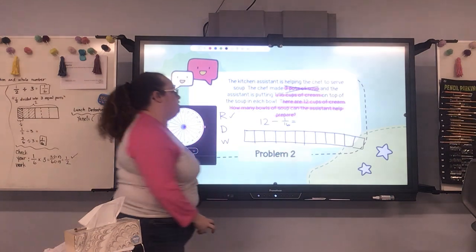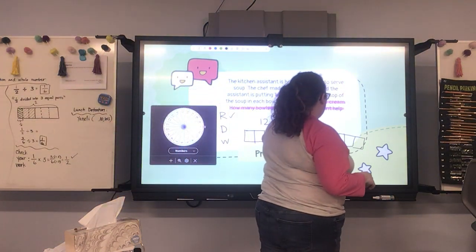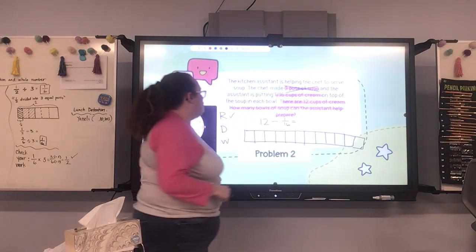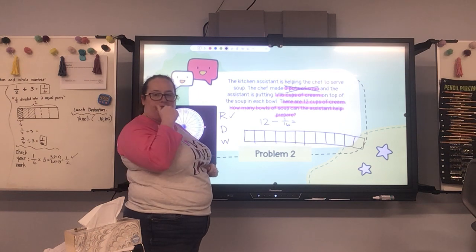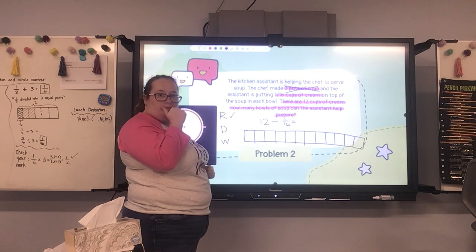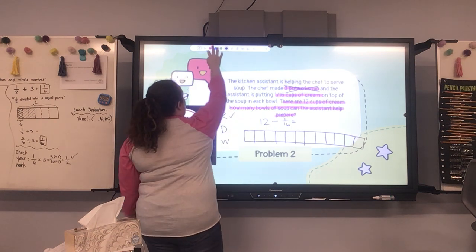So there's my 12 groups. So now what do I need to do? Very good. I need to divide each one into 16 groups.